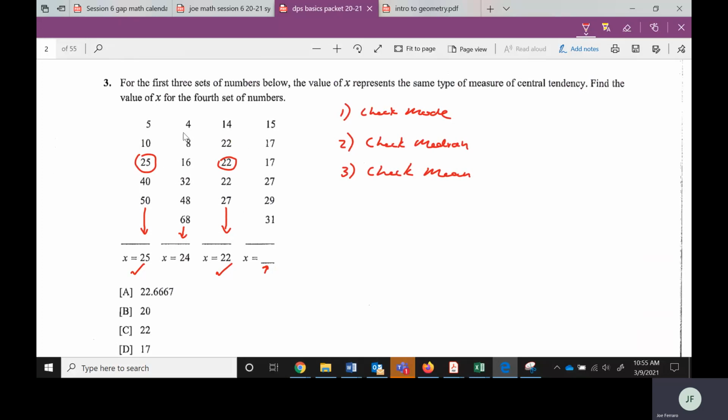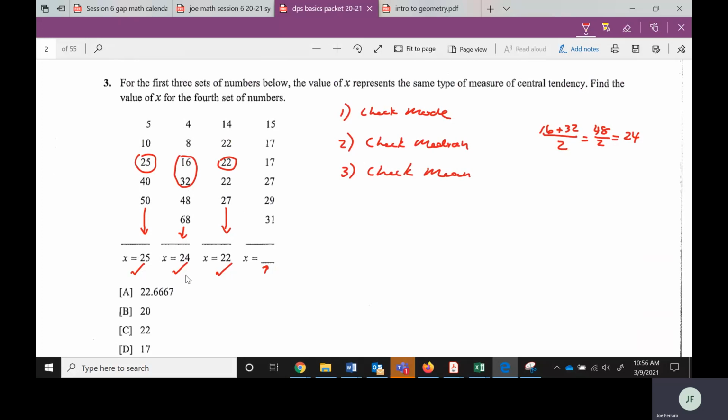This has 6 numbers, so there's 2 middle numbers here. If we're going to do that, we got to add them up and divide by 2. So that's 48. Divide by 2, that's 24. Yes, that is the median. So check.